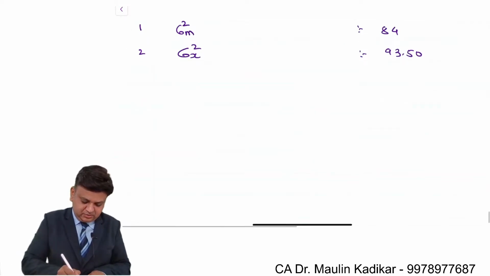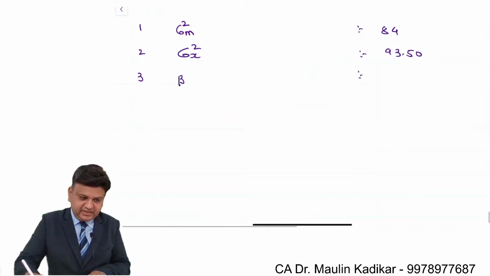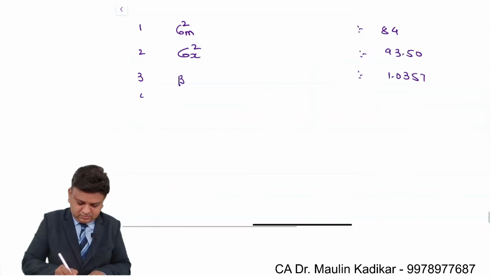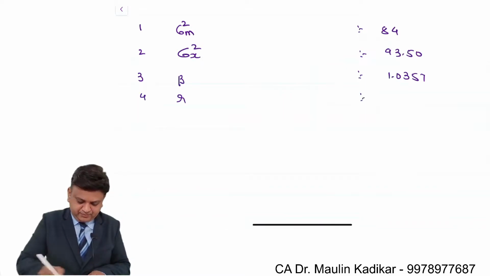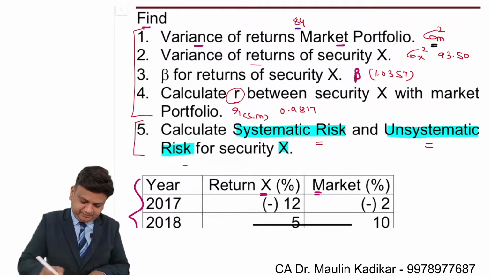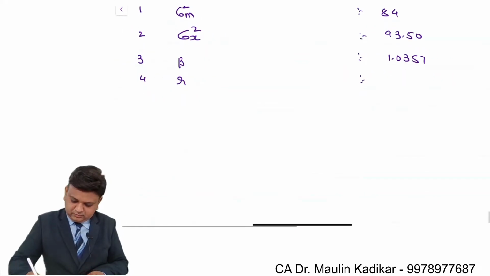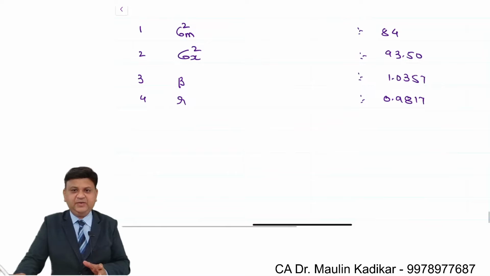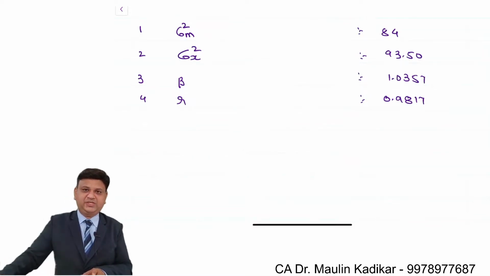Third question, in which we are required to find beta. Beta is 1.0357. Fourth question is R, the correlation coefficient. It is 0.9817. Yes. This is the way to answer these first 4 questions.